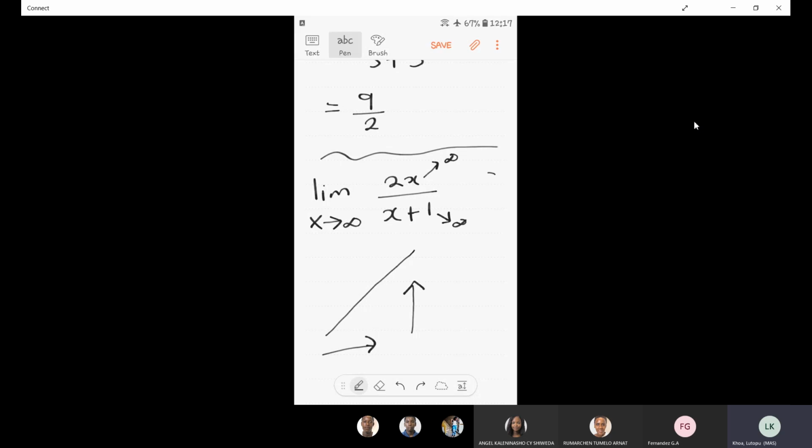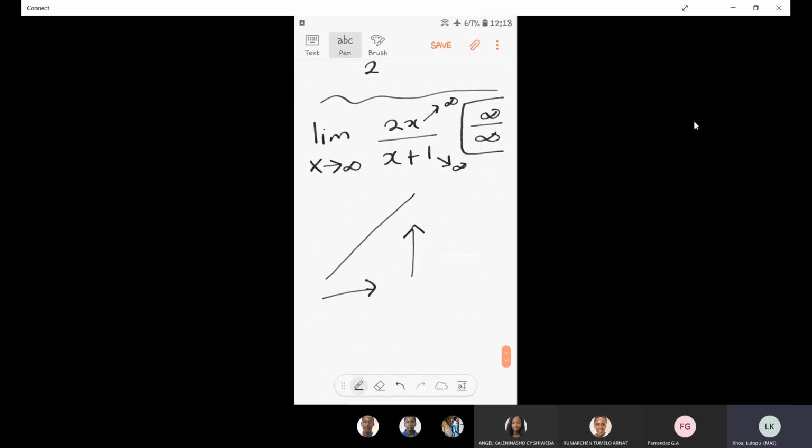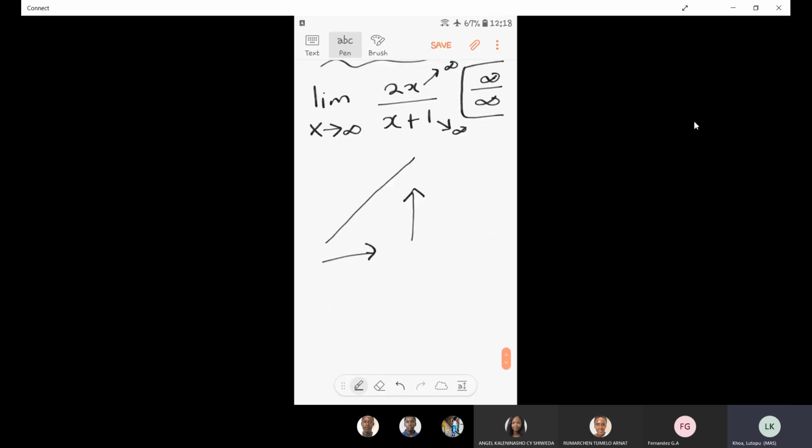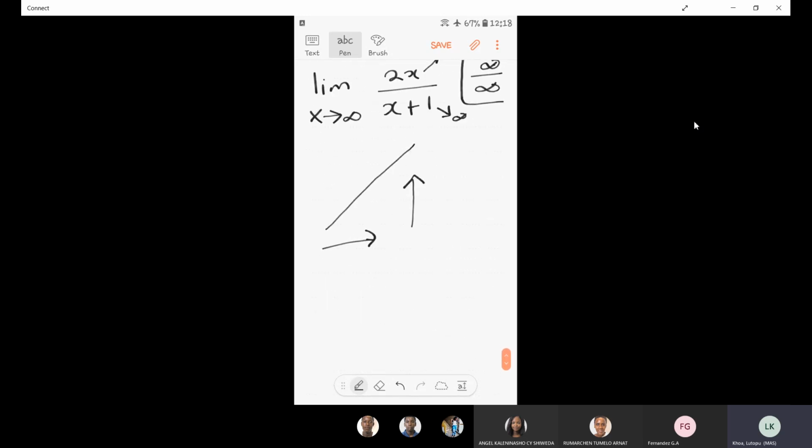So what I have is of the form infinity over infinity. When I have that form, what I should do is factor out the highest degree of x. So I have the limit as x goes to infinity.